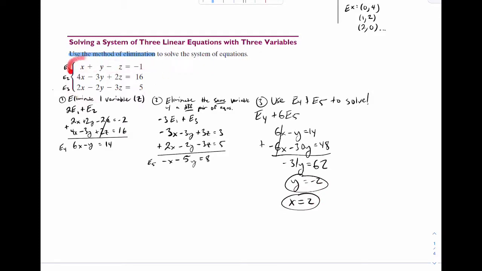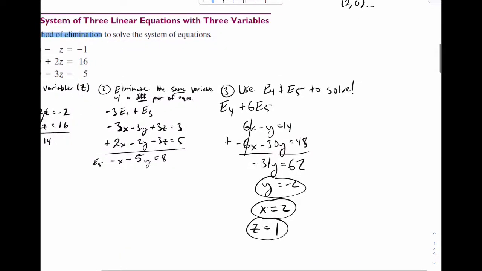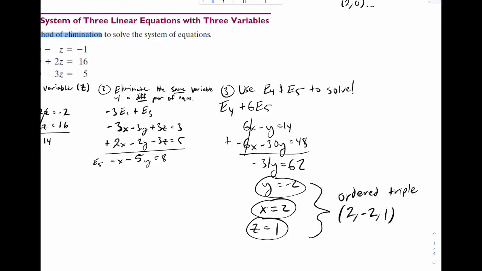Probably E1 will be the easiest. So plug those back in, and then we're going to get z is equal to 1. And that's our answer right there. And oftentimes we're going to write that as an ordered triple instead of an ordered pair. So just think, write it in order. 2, -2, 1.